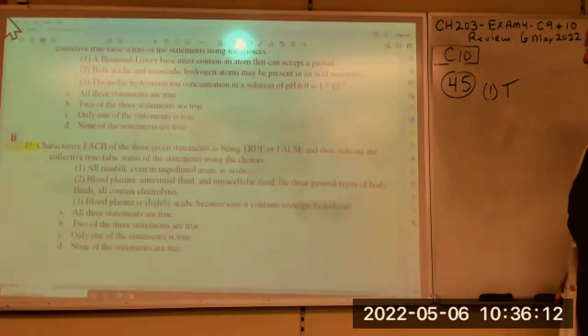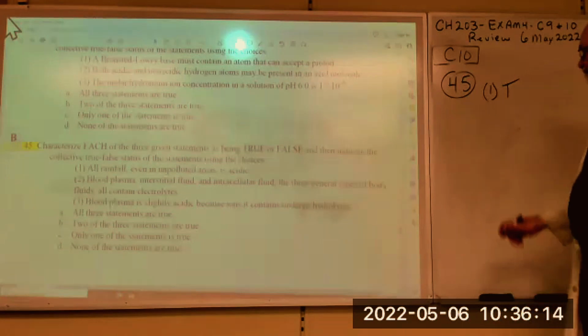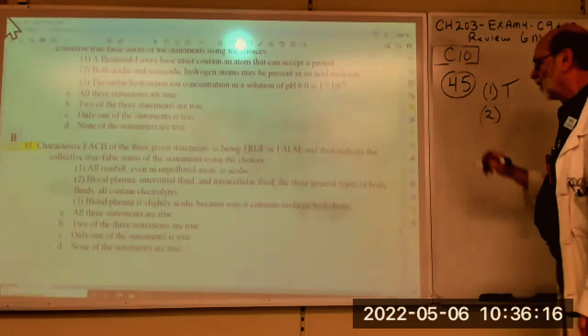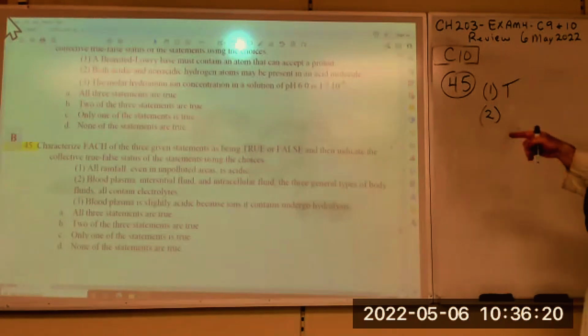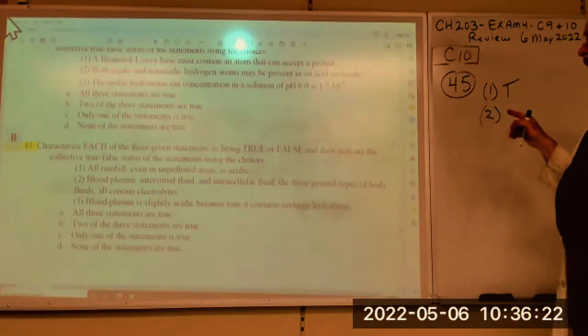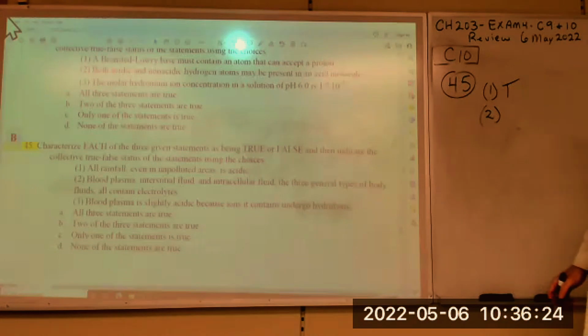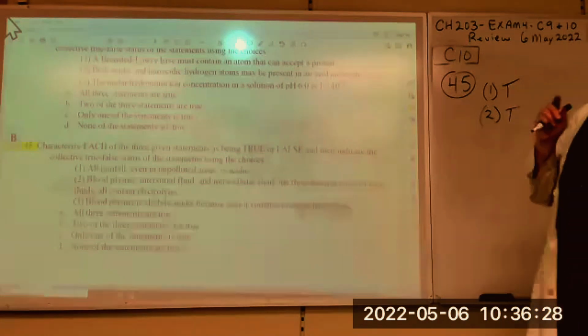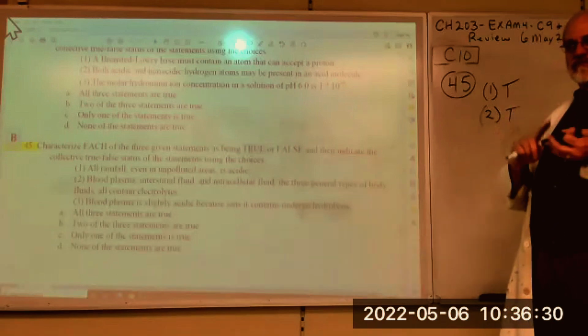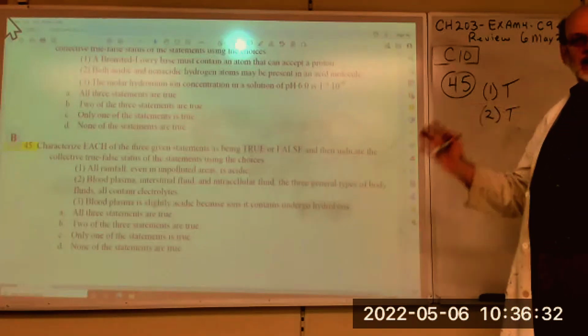So rainfall is always acidic. Blood plasma, interstitial fluid, and intracellular fluid, all contain electrolytes. Yeah. You got sodium, potassium, chloride ions, those are all electrolytes.